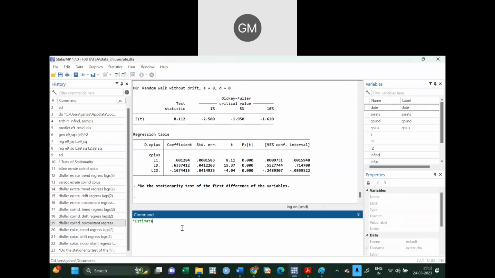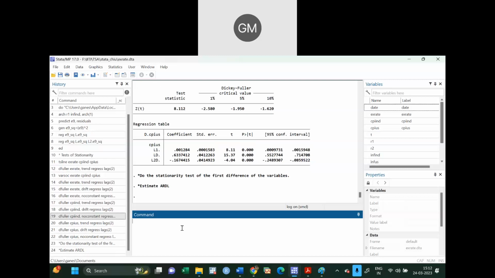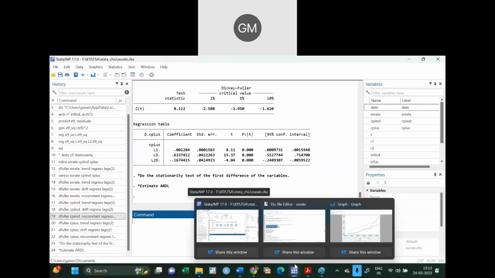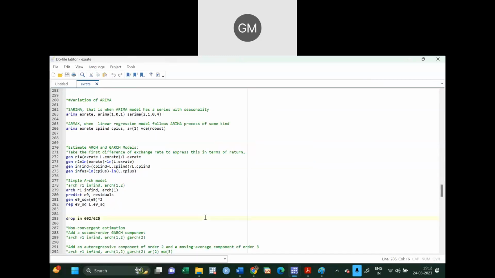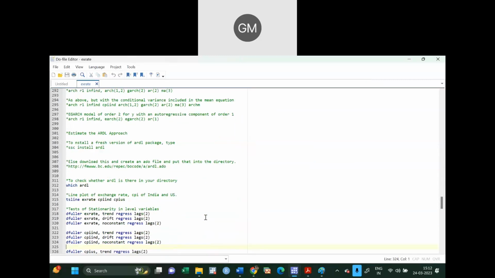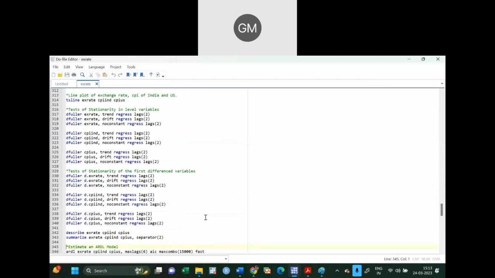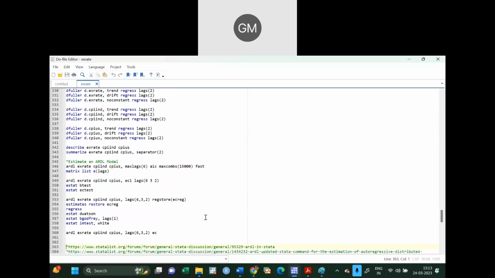Just in case you happen to estimate the ARDL model in your case, you can model by giving these commands. You can just copy and paste that command, which you can familiarize yourself with in greater detail later on. So I'm just going to give the ARDL command.